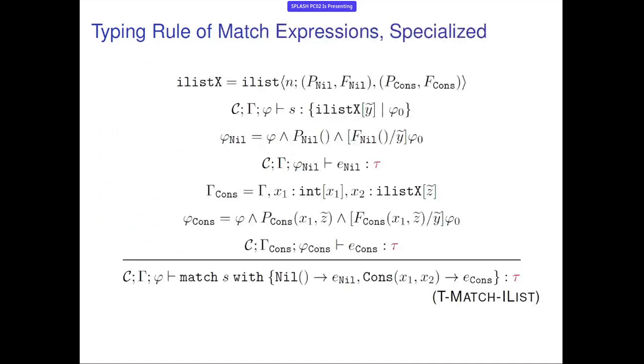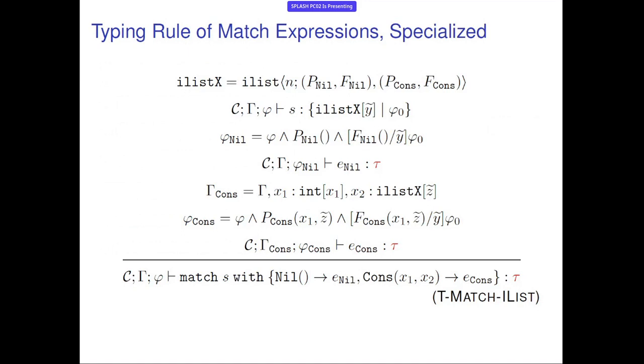Okay, and this is another typing rule for match expressions. The original rule was so complicated, so this is a specialized version for integer lists. The match expression is at the bottom line, which means that if S is nil, it executes E nil, and if S is const, it evaluates E const with x1 and x2.